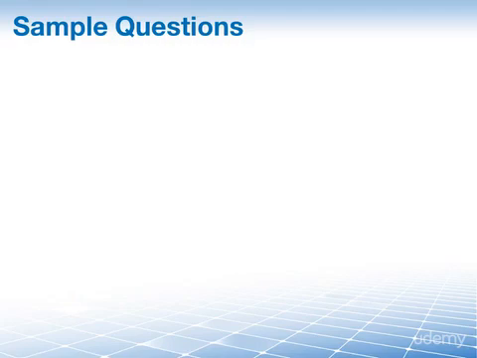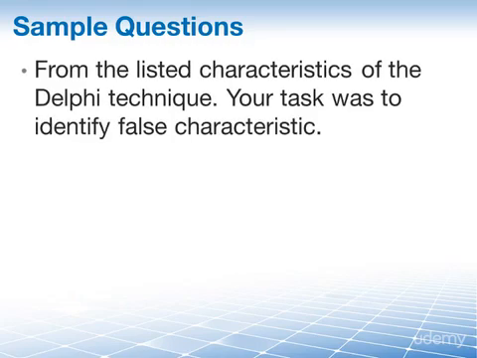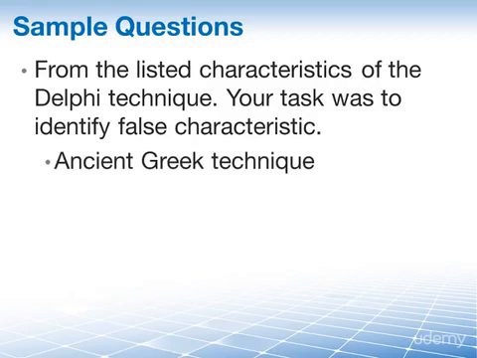And another very similar question listed various characteristics of the Delphi technique. Your task was to identify the false characteristic about this technique, and you won't believe what the false answer was. The false characteristic that you needed to identify stated that the Delphi technique is an ancient Greek technique.